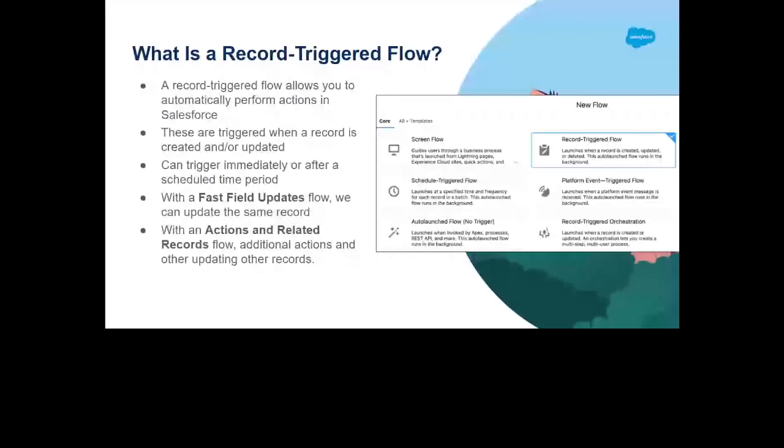Just a note on the screen flow: if we create a screen flow that we want to use as a subflow, its parent must also be a screen flow, right? But this does not apply to the autolaunched flow. The autolaunched flow can be called from a record triggered flow or from Apex or any other place where we can trigger, like quick actions.